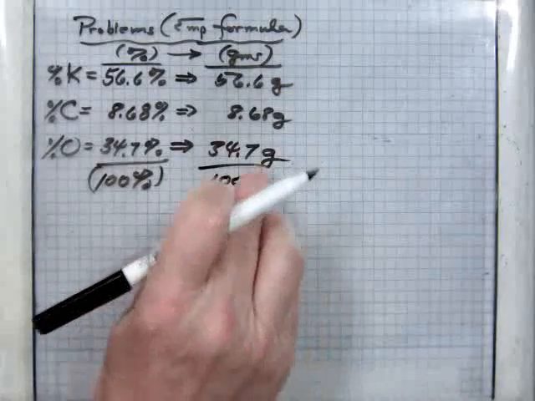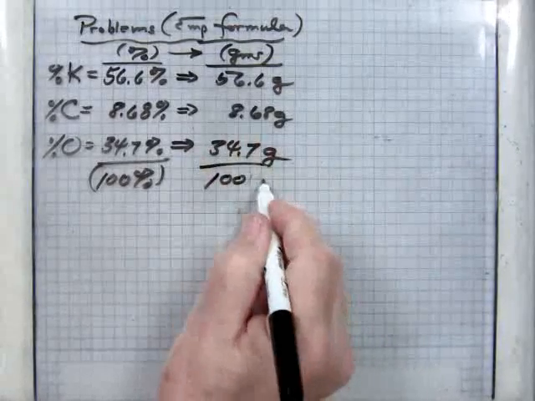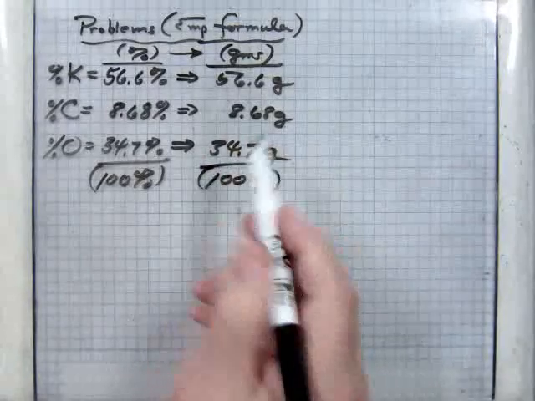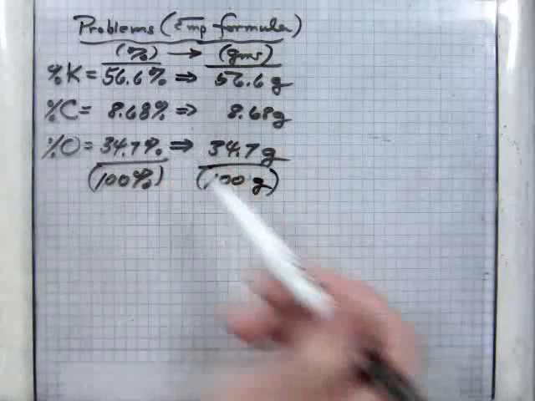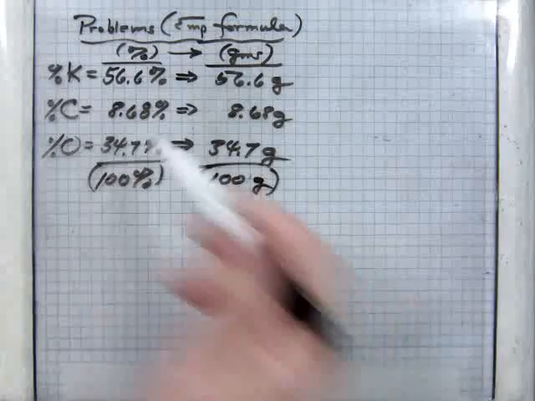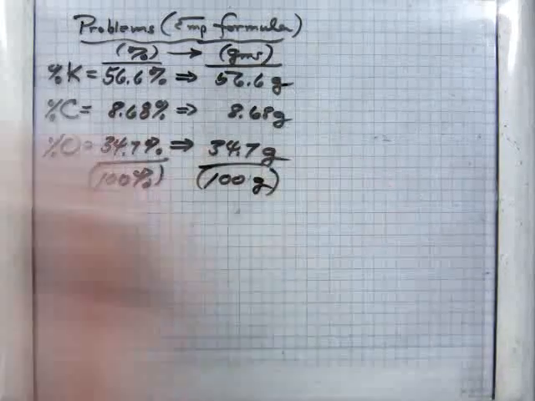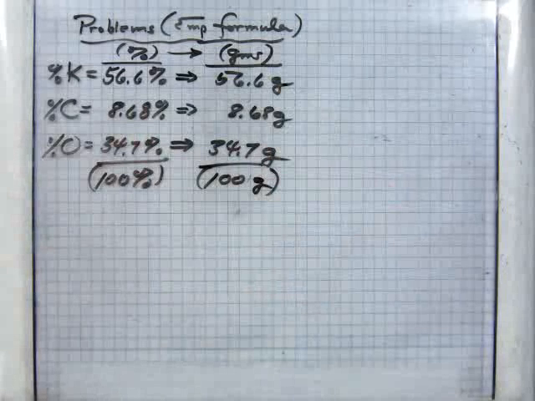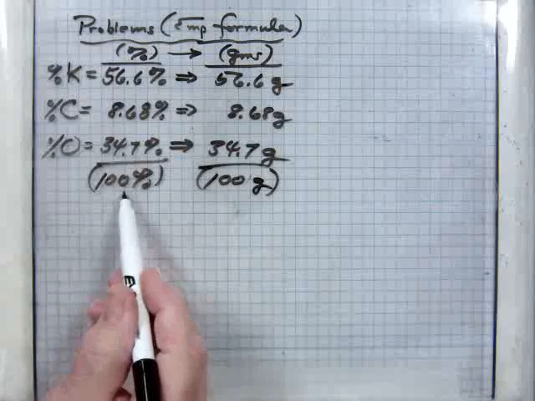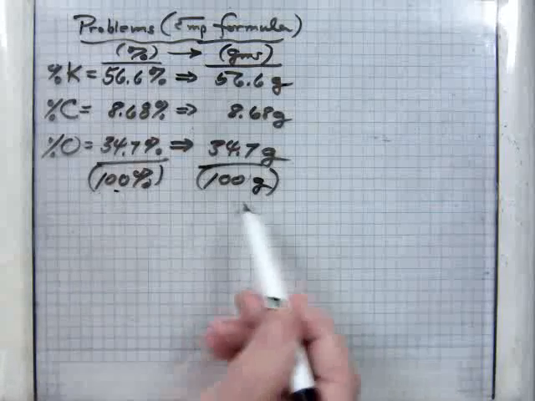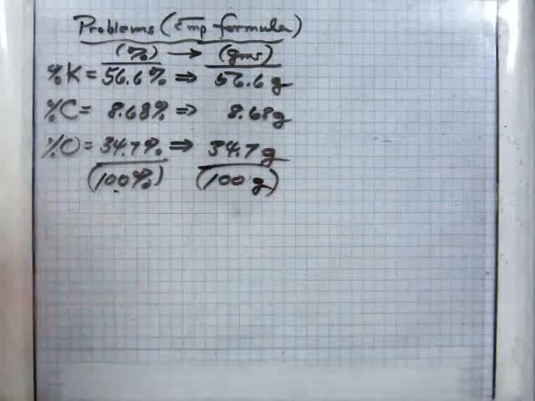If you add these up, you have 100 grams of compound. If 56.6% of the 100 grams is potassium, how many grams would you have? 56.6, and that's the rationale. See what I did? Just drop the percent and put a G on it, because if you start with percent per hundredweight, you just drop the percent and go to grams.